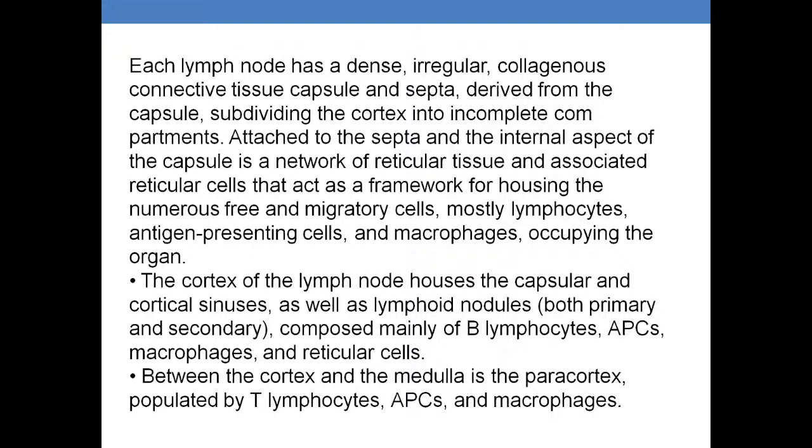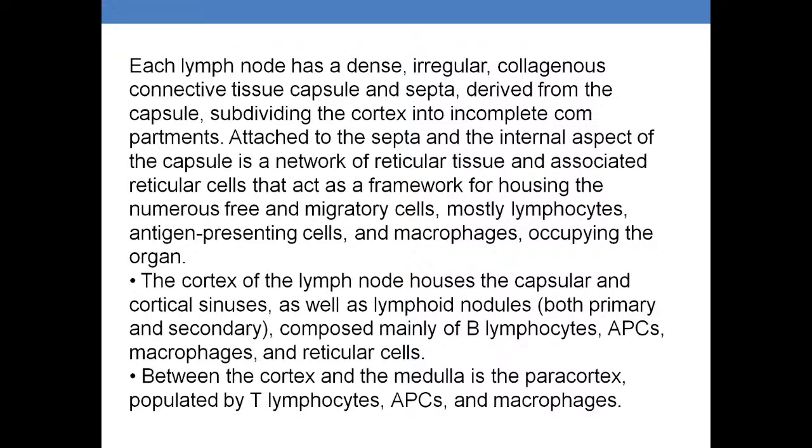Attached to the septa and the internal aspect of the capsule is a network of reticular tissue and associated reticular cells that act as a framework for housing the numerous free and migratory cells, mostly lymphocytes, antigen-presenting cells, and macrophages occupying the organ.